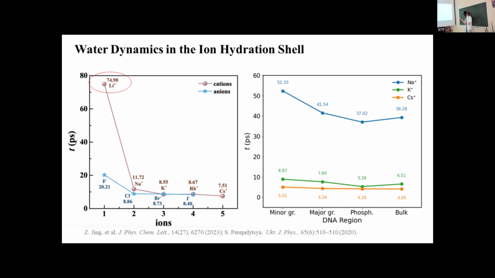And the longest residence time is observed for the water located around the ions in the minor groove of the DNA. So one can see that both the ion type and its location around the DNA influence the dynamics of the hydration shell. And among all the alkali metal ions, the lithium ions stand out by having the most stable hydration shell with the slowest dynamics.